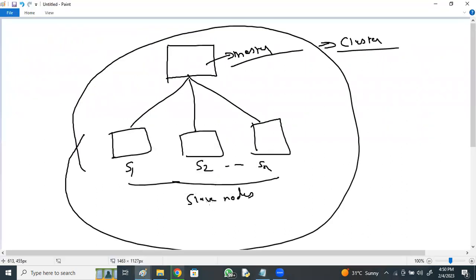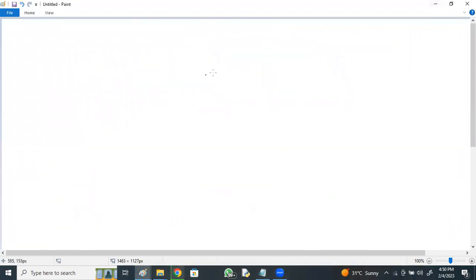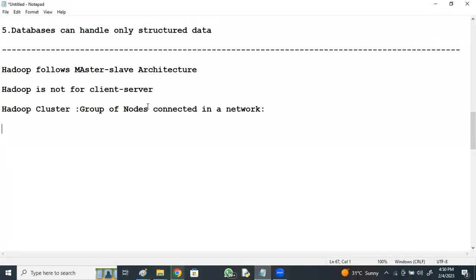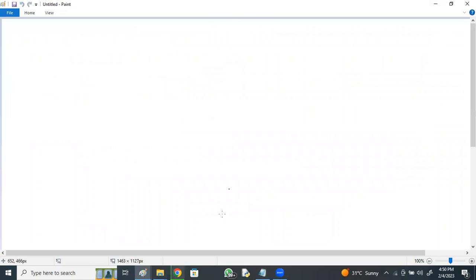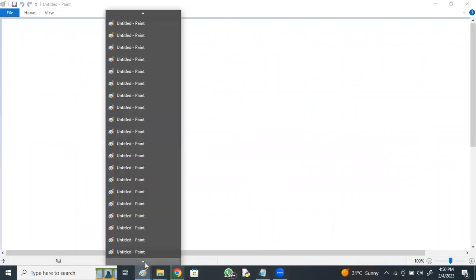This we call the master node and slave nodes. If I talk about a file f1.txt with huge data, nodes means systems, group of nodes means CPUs connected in a network. There are two types of nodes, master node and slave nodes.